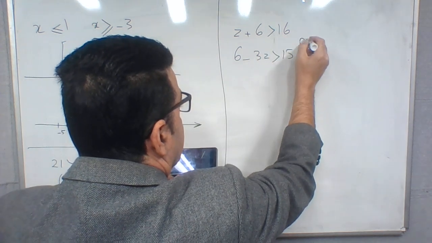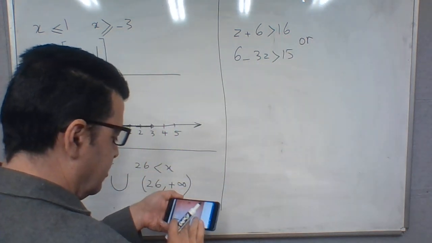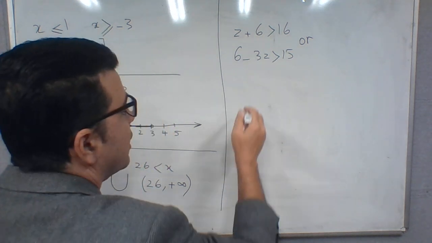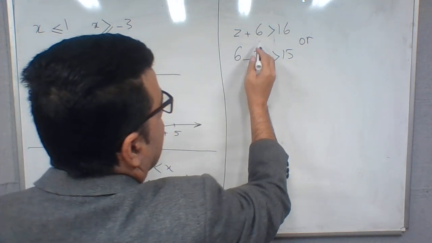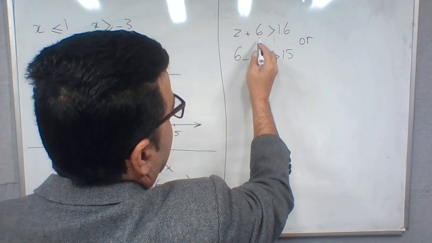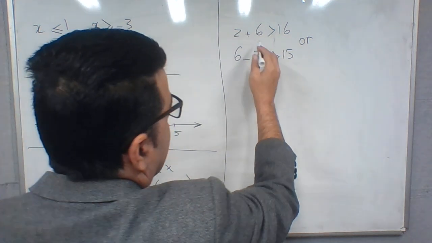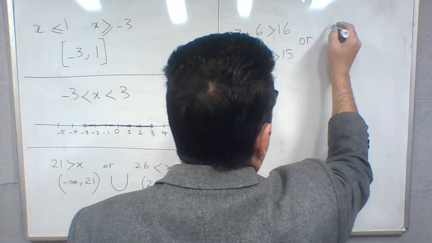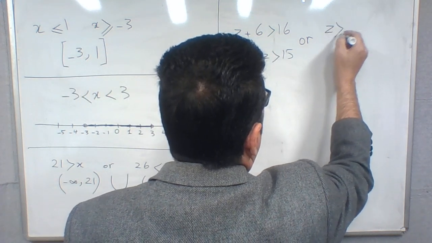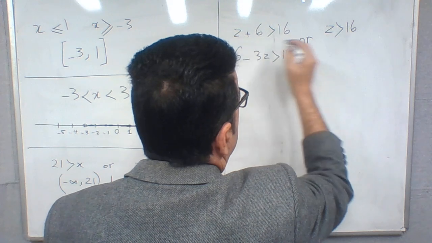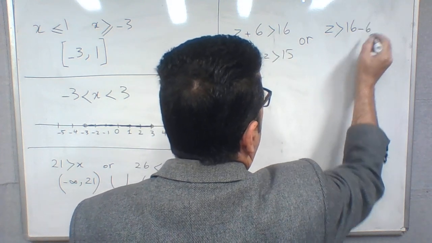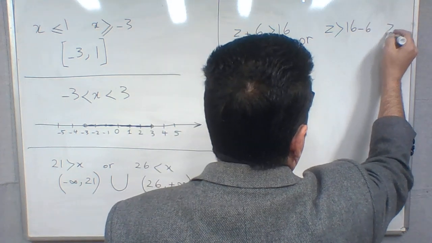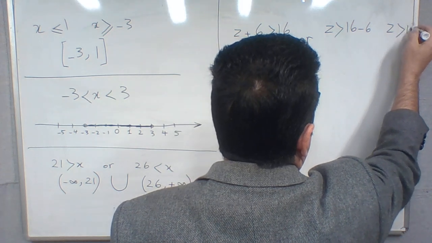This or this. Okay, we need to solve each of these. For this one, we move 6 to the right, so it becomes z greater than 16, and change the sign of 6, minus 6. So z is greater than 10.